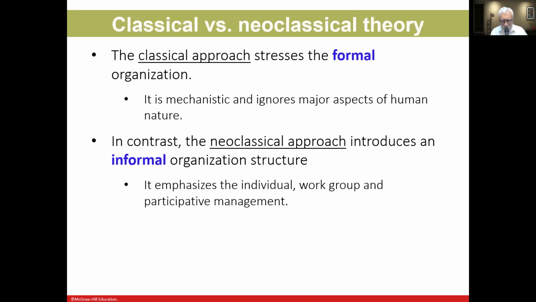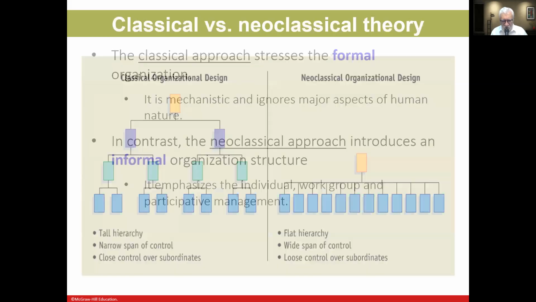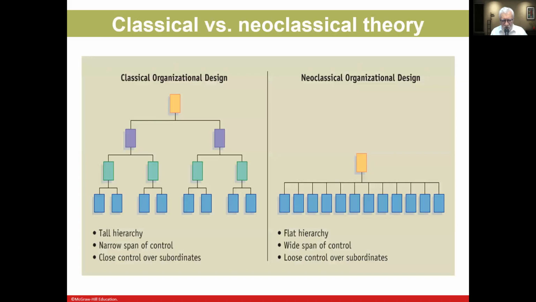Do you see the differences? Classical approaches are about using science. They are mechanistic and they don't look at human beings. The neoclassical approaches are more informal, recognizing that people are social creatures. It means that classical organizational structure tends to be very hierarchical, whereas neoclassical structure tends to be flat.